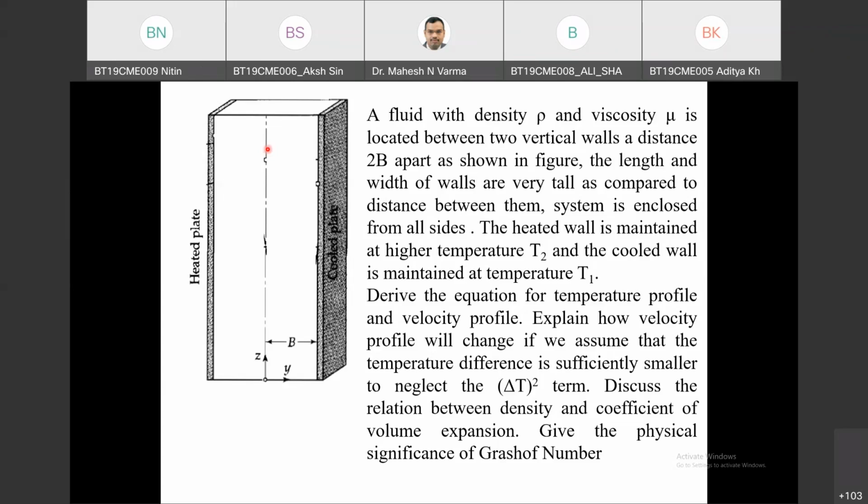And more precisely, why will the lighter molecules be at the top and heavier molecules at the bottom? Sir, due to mass, density. Buoyancy. It is called buoyancy.